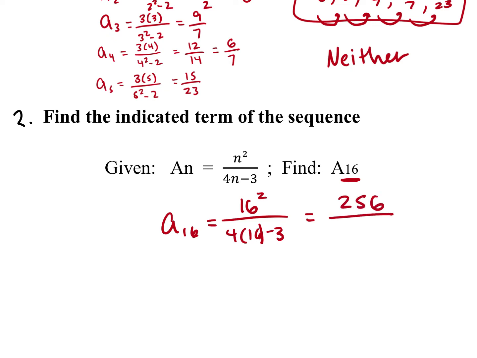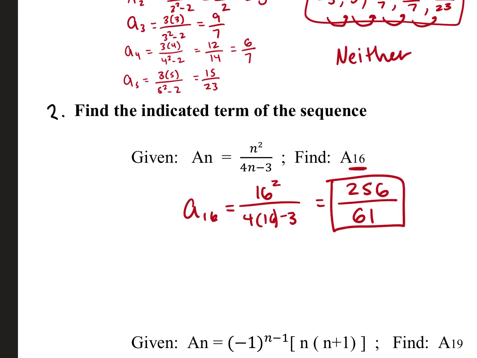And what is 4 times 16? 64? So 64 minus 3 would be 61. Can I simplify this? No. So this would be our 16th term.